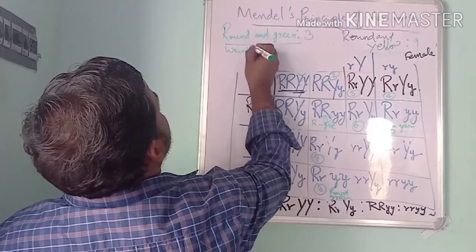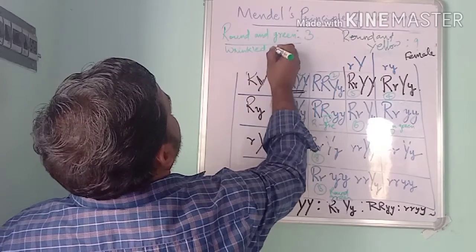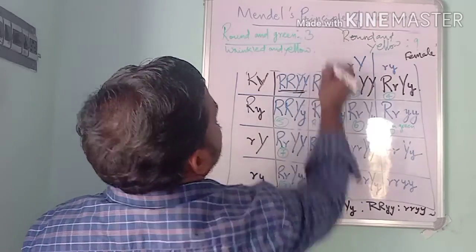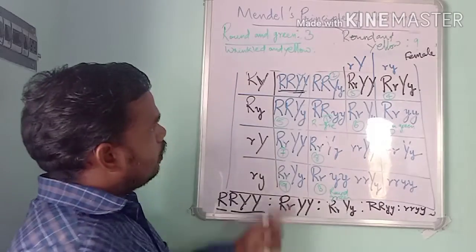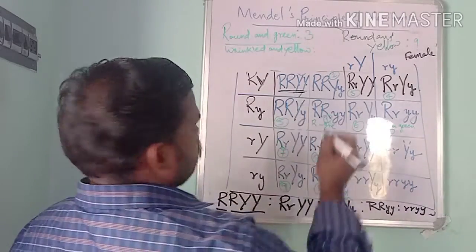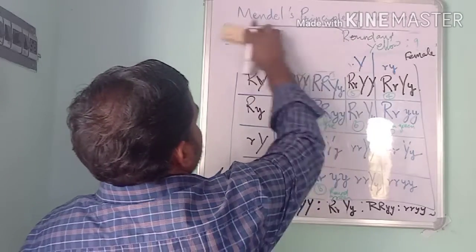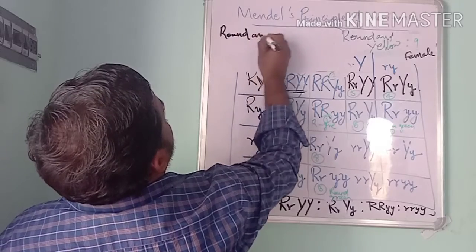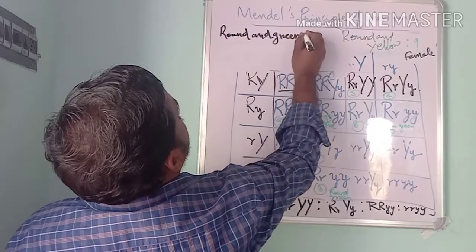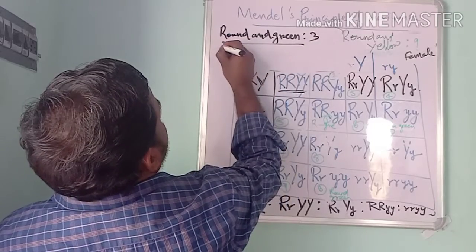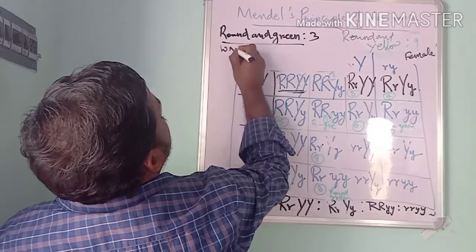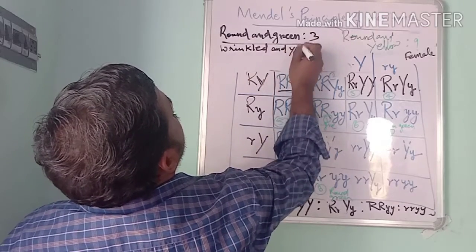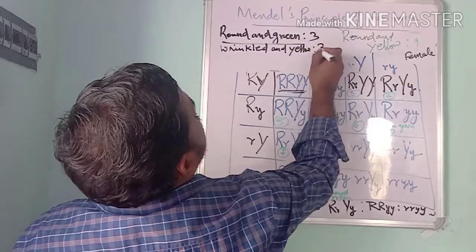Now wrinkled and yellow. Same thing, you will find 3.